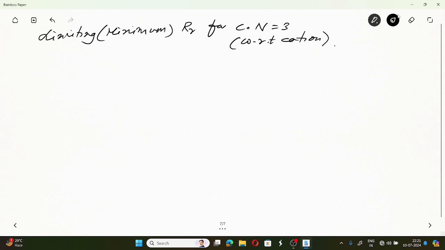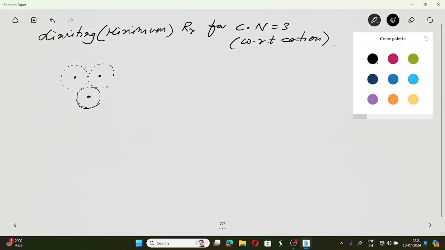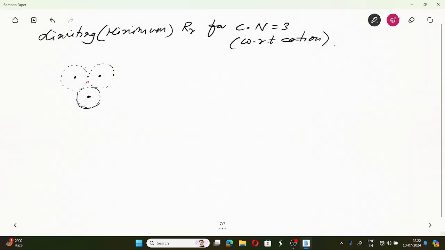So we can think like this. Suppose these are the anions, which are larger in size, and they are closely packed like this. These are the centers of the anions, and the cation is placed in the interstitial site like this.